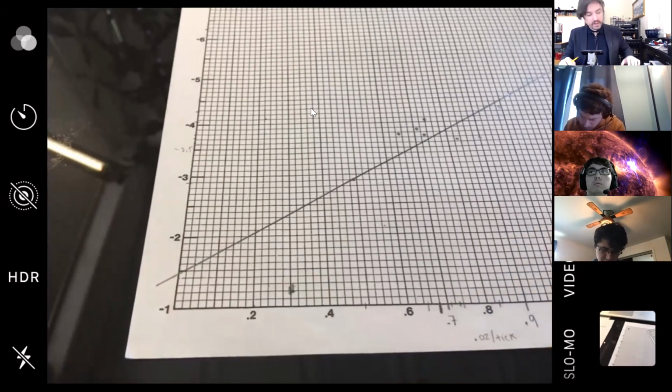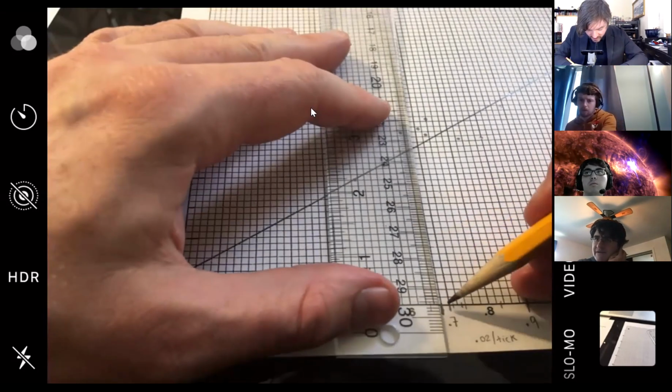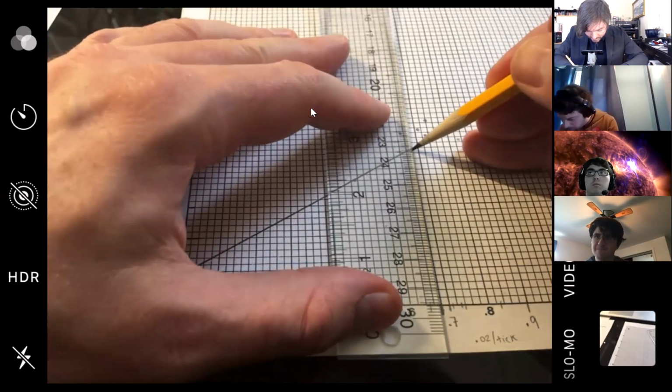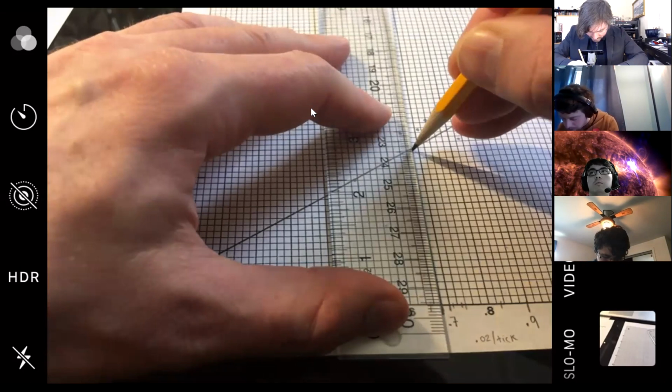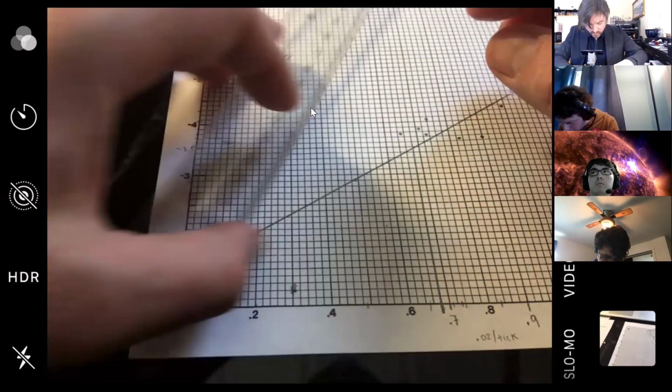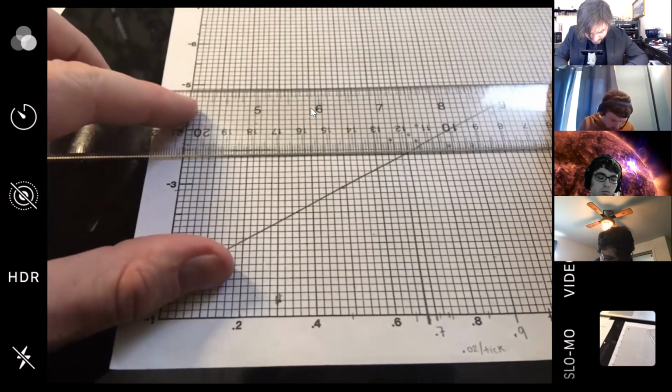Got that? Take your ruler, go up to the line, not to the data points, but to the line. Once you get to the line, then we go over.